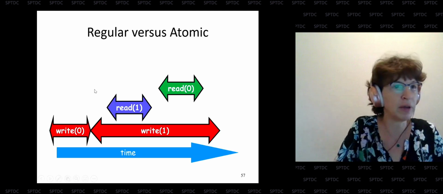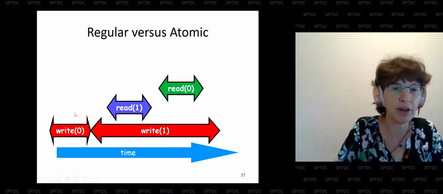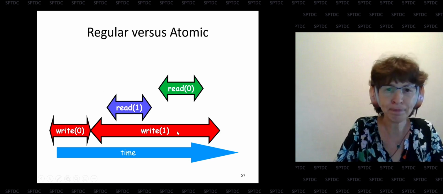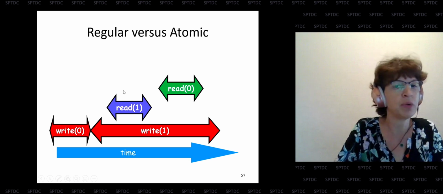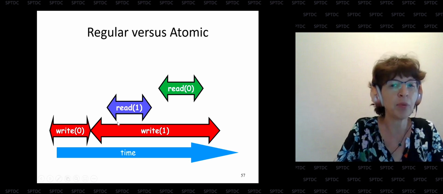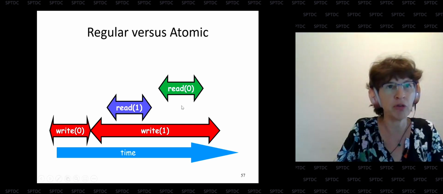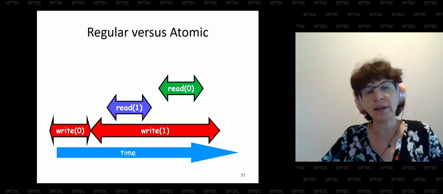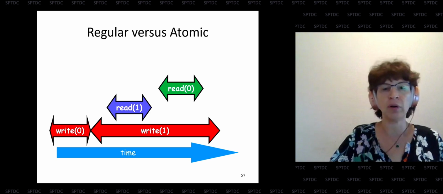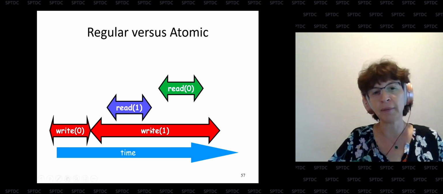Okay, so this is what it looks like. If we have the write 0 here and then the write 1, then both the blue and the green reads are concurrent with the write 1. They're both allowed to return either 0, because that was the value of the register before they began, or 1, because this is the value of an overlapping write. Both values are legal. As you can see, this is an example that we saw in the previous part of the talk.